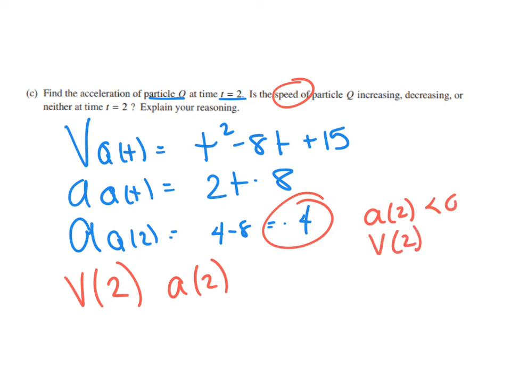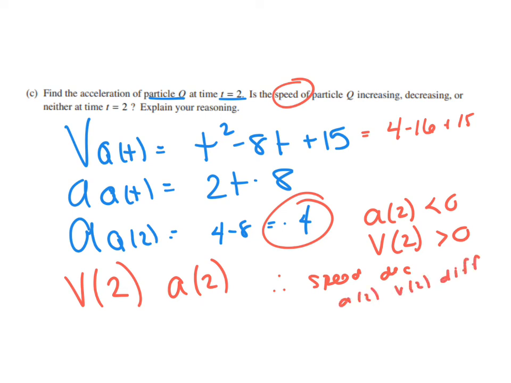And v of 2, I just need to plug 2 in to my velocity. So that's this equation here. 2 squared is 4 minus 16 plus 15 is definitely positive. Therefore, I would say the speed is decreasing because a of 2 and v of 2 have different signs.